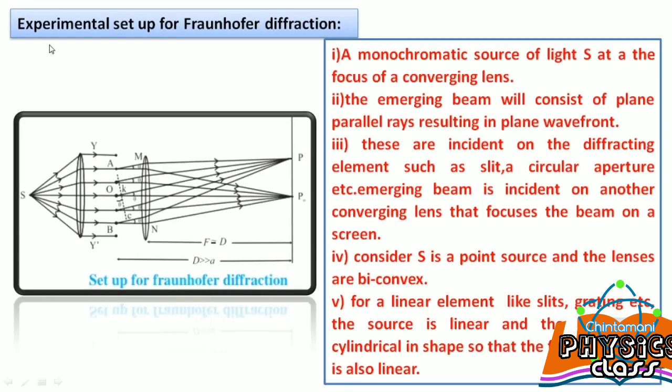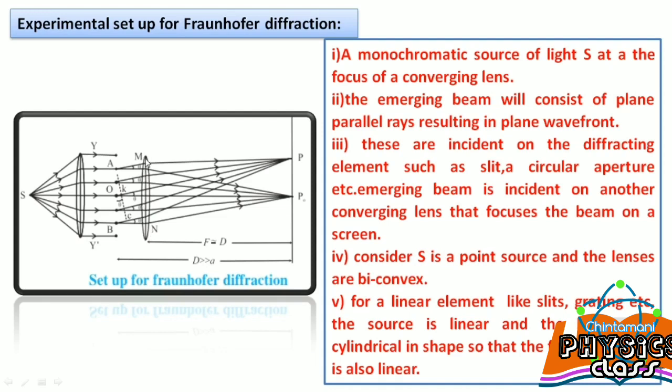Now, the next point is the experimental setup for Fraunhofer diffraction. According to this ray diagram, S is the source, and this is a biconvex lens on which the light is incident. After passing through this biconvex lens, the light is considered a plane wavefront.